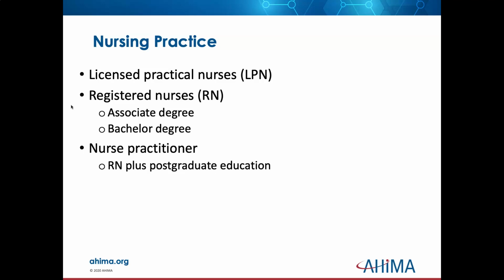And then nurse practitioners are an RN, either with an associate's degree or bachelor's degree, with postgraduate education. My understanding is that you have to have your bachelor's degree before you can get that postgraduate education. So typically it's LPN, RN, BSN, and then NP, which is that nurse practitioner.